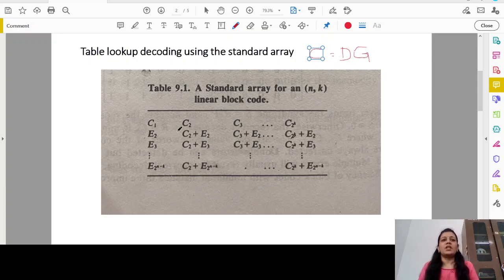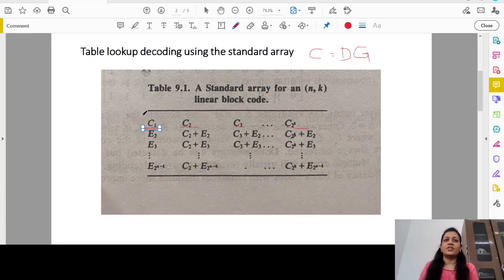All those code words will be written as the first row. So we have C1, C2, C3 and up to C 2 power k. Corresponding to those k bits, we get 2 power k different combinations of data, and corresponding code words, and they are written as the first row of a particular array.